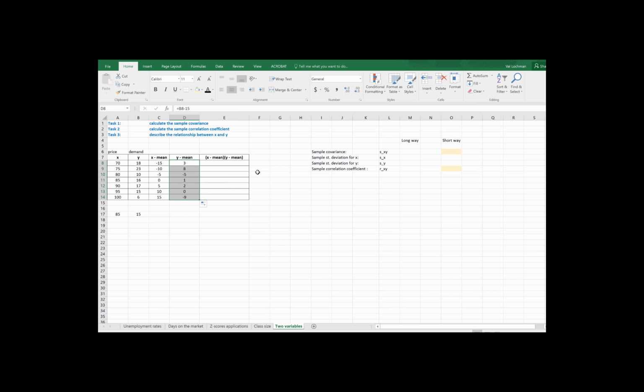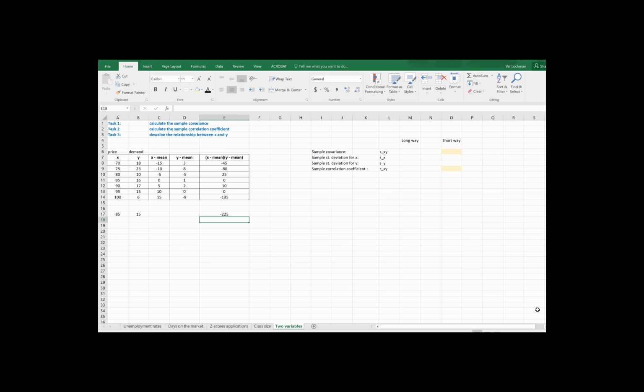Then the next column is the product of the corresponding differences. So that would be equal this cell times this, and then we drag it all down to fill in the table. Okay, good. Now the next step would be to sum up all of these values, so we sum these values right here. We get negative 225.